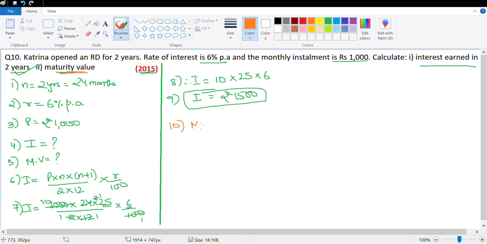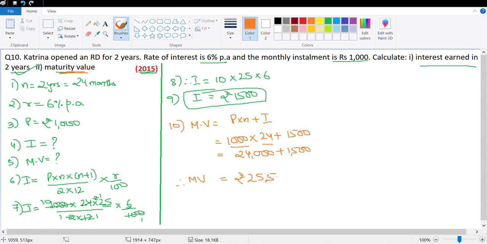So maturity value is equal to P into N plus interest, which we've already calculated, which means principal, which is 1000 into N, which is 24, plus interest, which we've already calculated as 1500. So 1000 into 24, that's 24,000 plus 1500. Therefore, maturity value is equal to rupees 25,500.